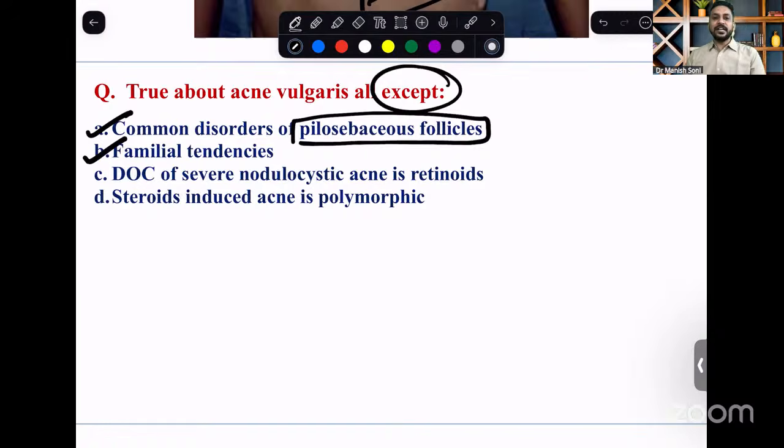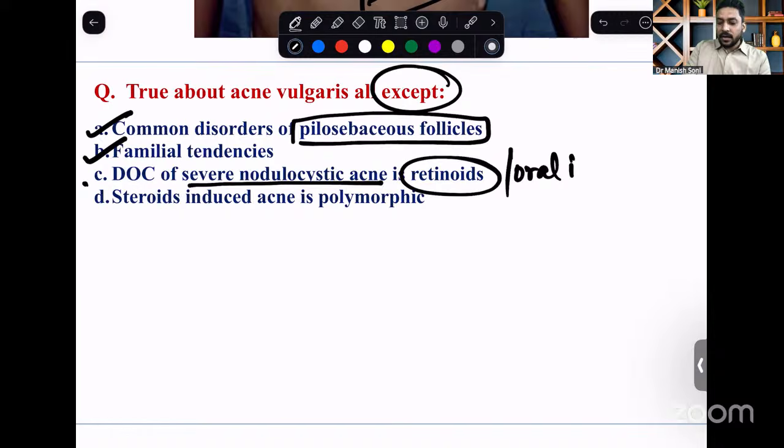There are many syndromes like SAPHO syndrome which are associated with acne vulgaris. Then drug of choice for severe or nodulocystic acne is retinoid. Yes, because oral isotretinoin is the drug of choice, which is a type of retinoid. So this is also correct. And steroid induced acne are polymorphic. No, monomorphic.